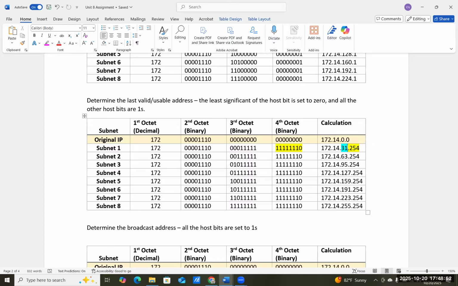Now, if you look at this last one, it can be 255 here in the third octet, but 254 here. As long as it's not 255 here, you're okay. This one in particular sometimes confuses people, this last usable IP. You can have 255 here, but as long as the last host octet is not 255, it's not broadcast.